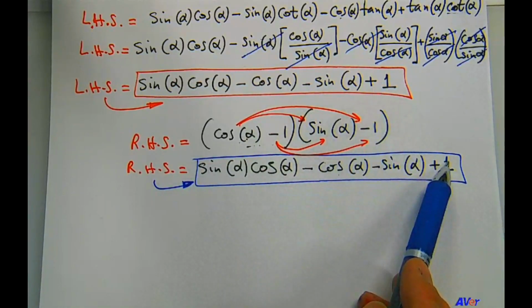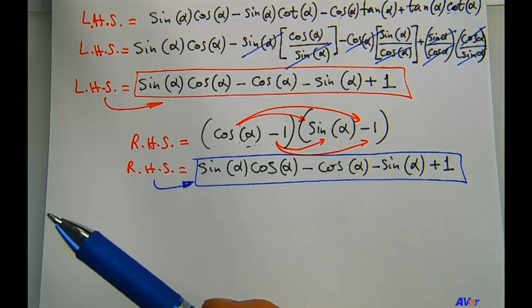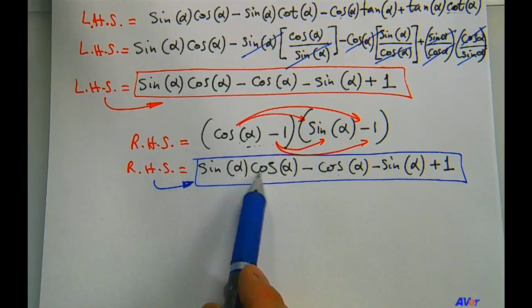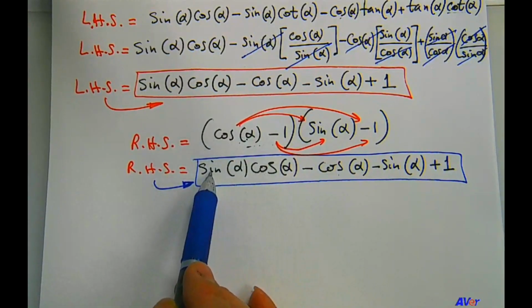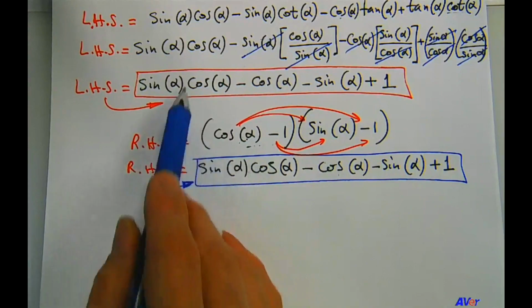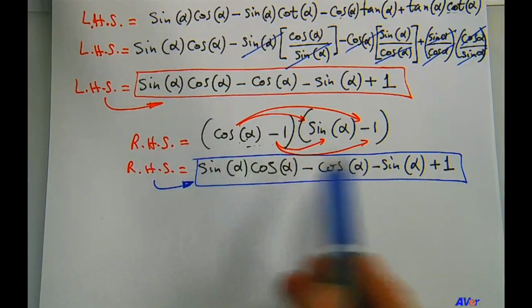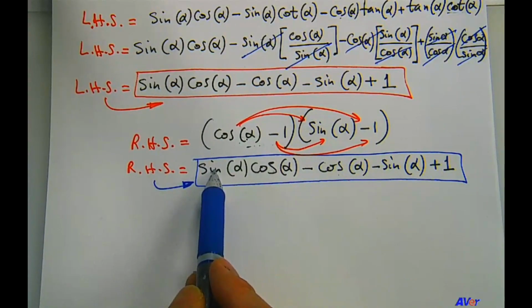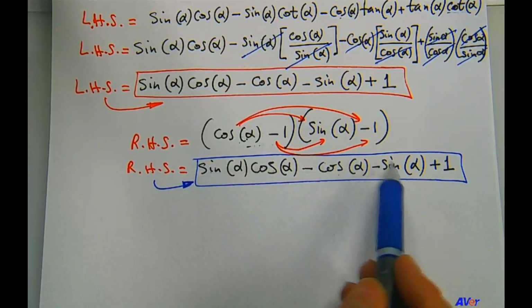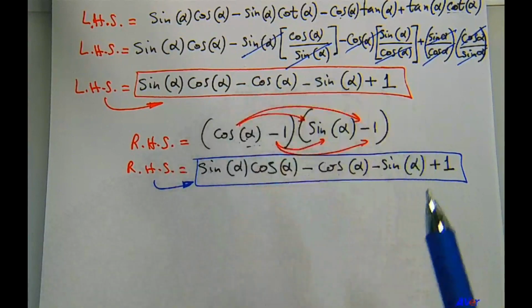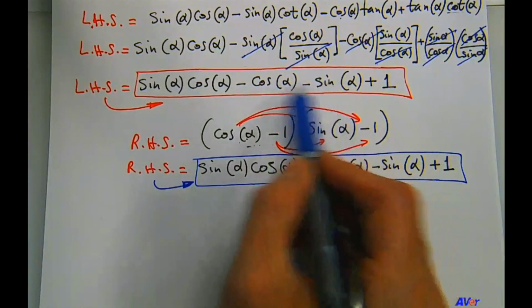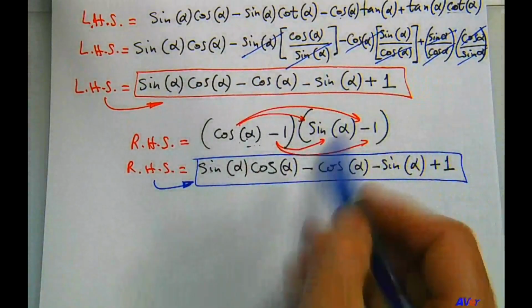They're identical, right? Like I was saying earlier, guys, if you had cosine alpha times sine alpha in any one of these, that would still be identical, the same term. If you had cosine alpha times sine alpha minus sine alpha minus cosine alpha plus 1, it's the same thing. So if you had this over here and this over there, it makes no difference.